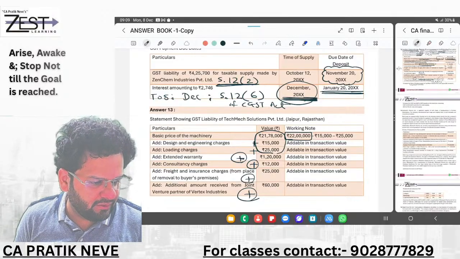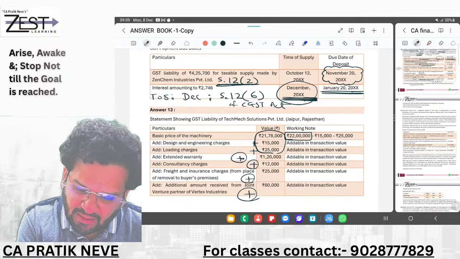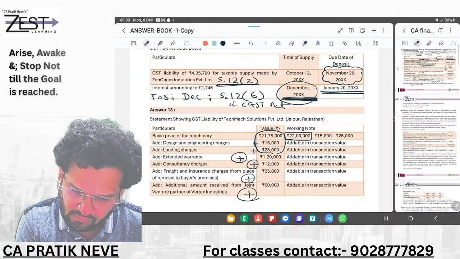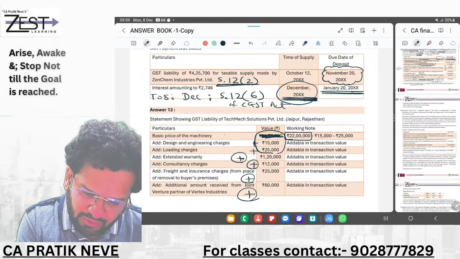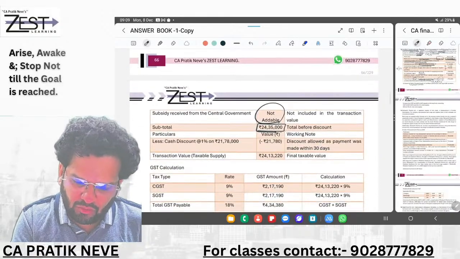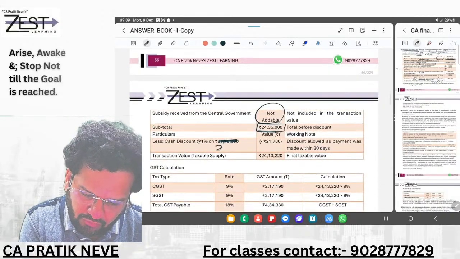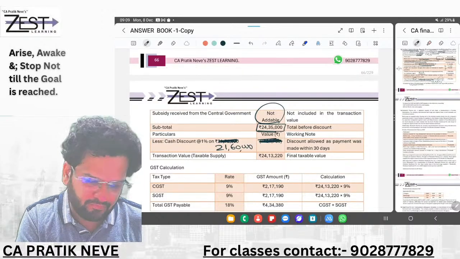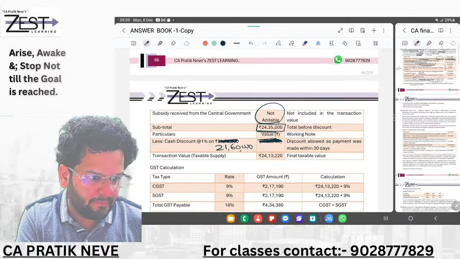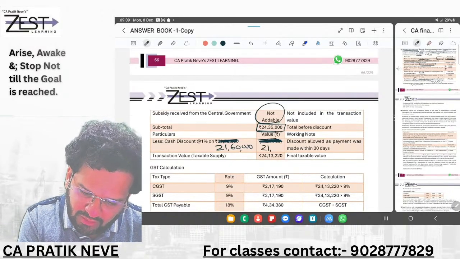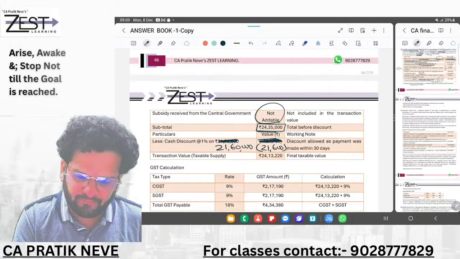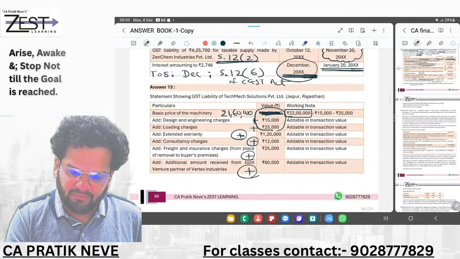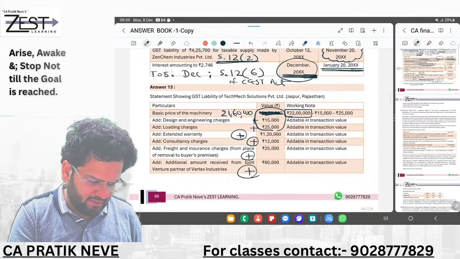Actually, it would be 21,60,000. So discount will be at 1% of 21,60,000. So it would be 21,600. Clear? That would be the assessable value.